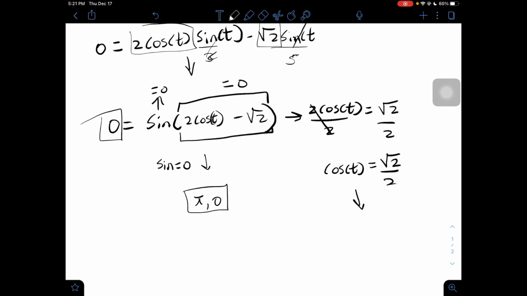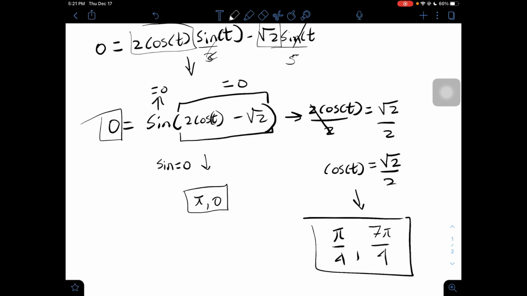As we just said, cosine is the x value. And on the unit circle, the radians pi over 4 and 7 pi over 4 both have a cosine value of square root of 2 over 2, or the x value.